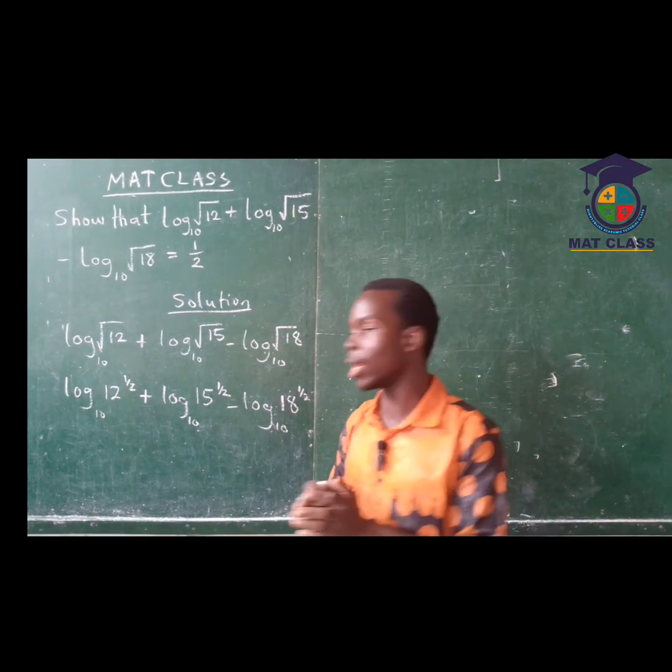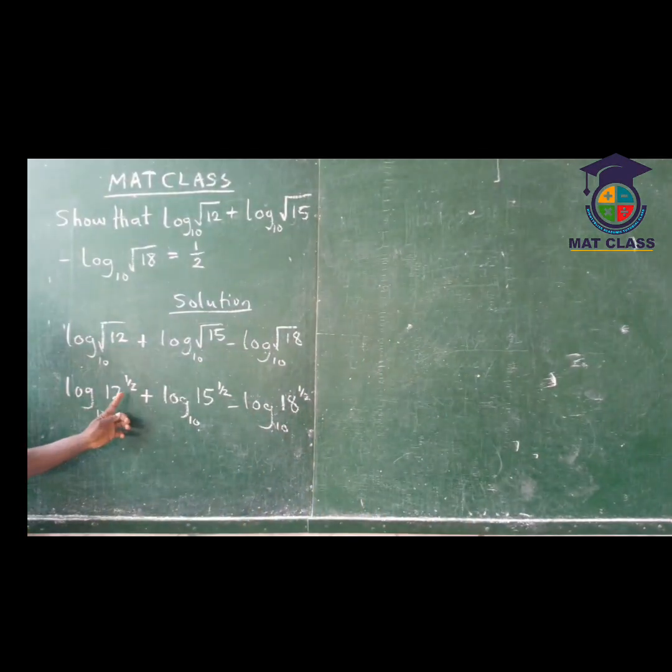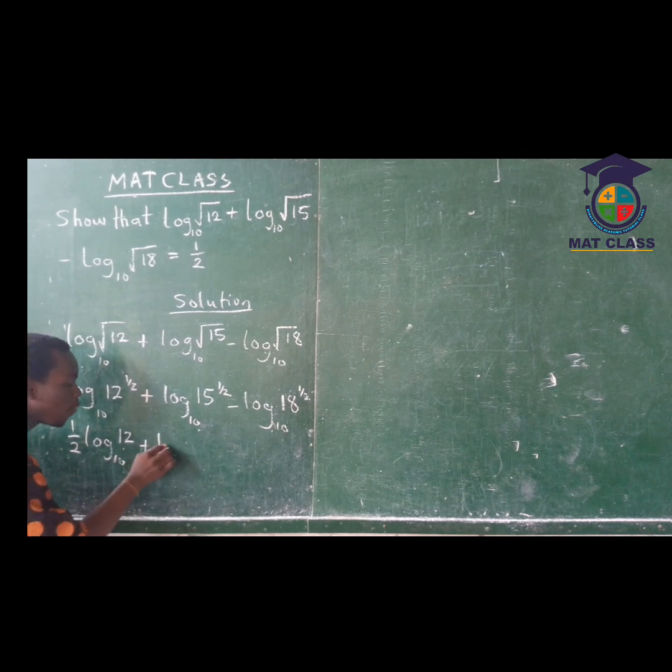They call it the power law. Under the power law, whenever you're having a power, that power will move to the front of the logarithm. This is what I'm talking about. Now we're having 1/2 as my power. I'm going to be writing 1/2 the log of 12 base 10 plus 1/2.